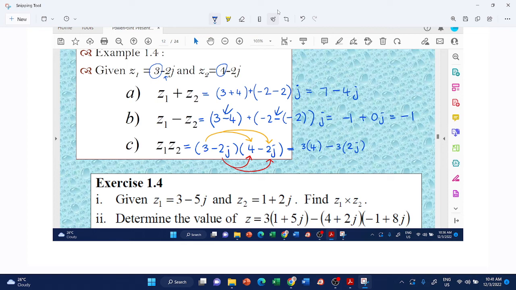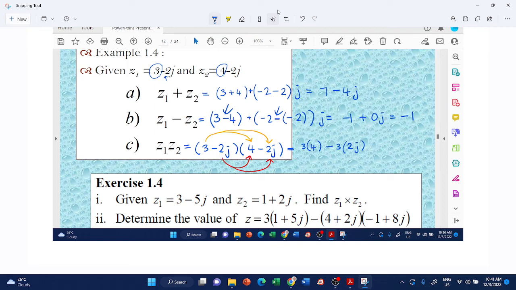So the yellow part. Any question? No, madam. Okay, madam. Okay, so then kita proceed dengan the red one lah.